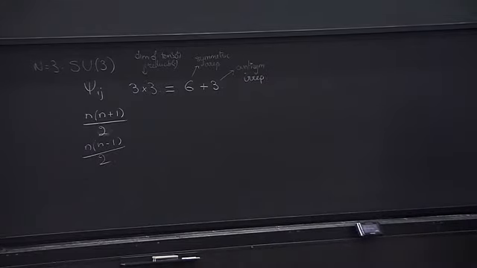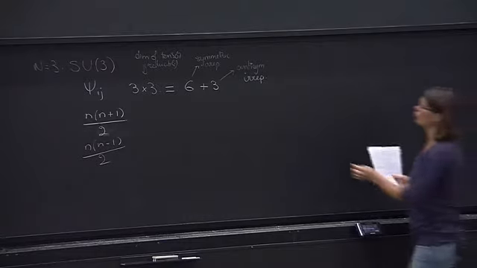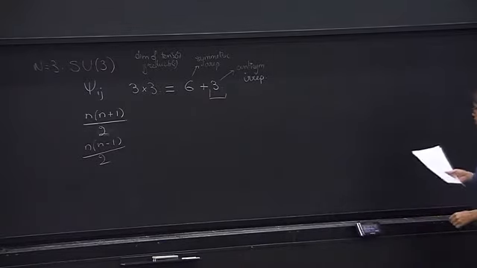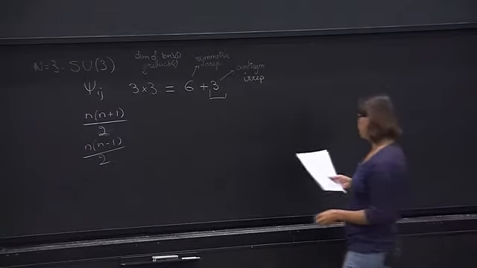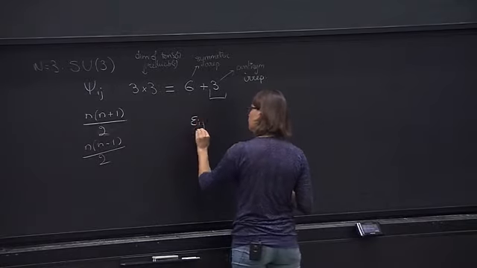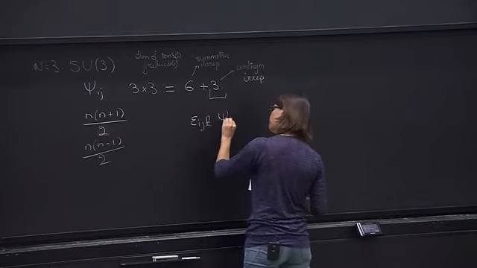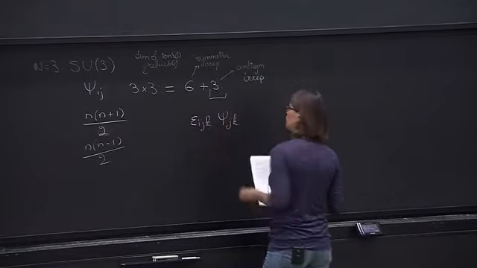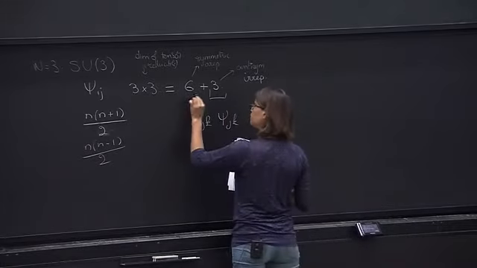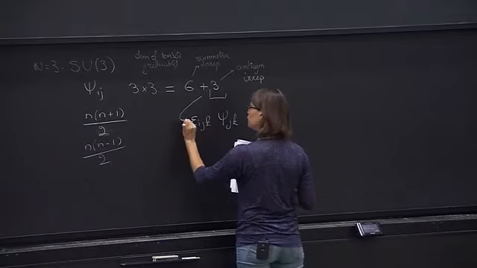So let's try to investigate this part a bit more, the antisymmetric part, by looking at this combination. Why do we look at this combination? We focus on this antisymmetric part.